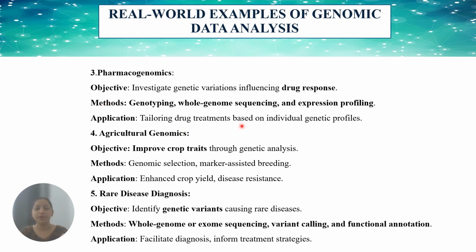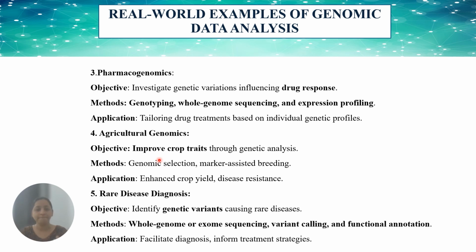Then you can study the overall drug treatment with respect to the genetic profiling. Clear? The next is agriculture genomics, where you can study how to improve crop traits with genetic analysis, and then you can identify drug resistance mechanisms and so on.